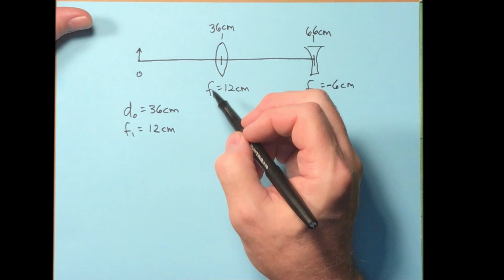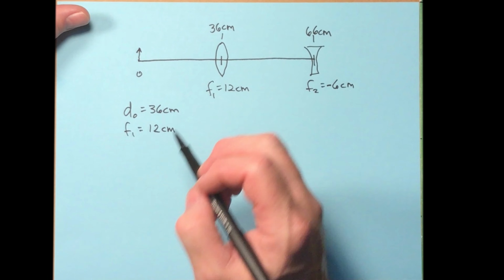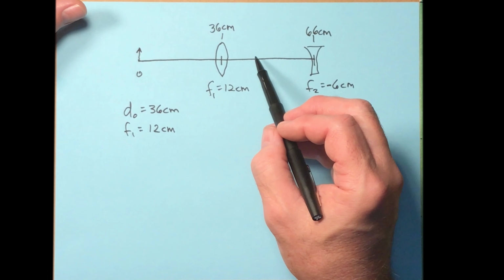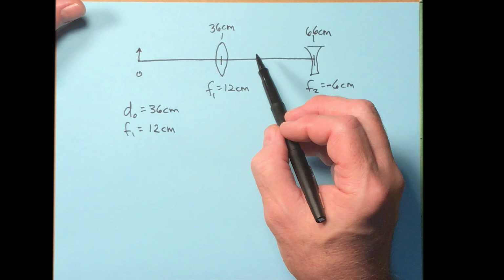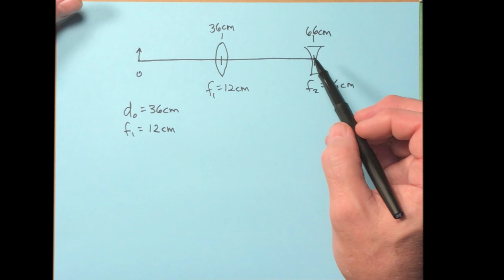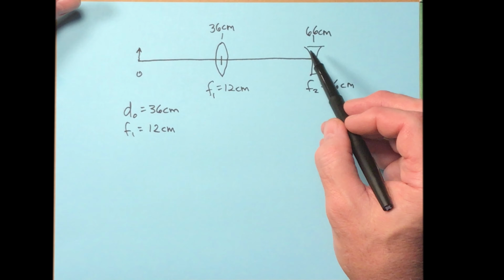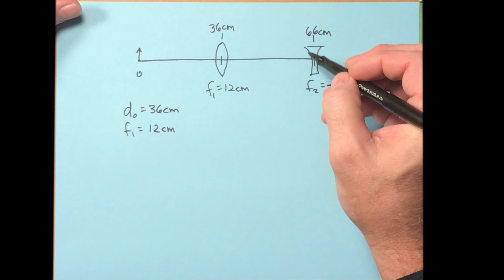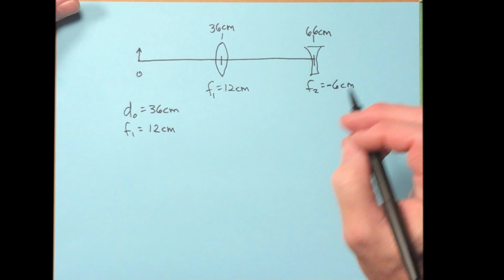So I can solve this problem right here for the first lens. Now in this case, the object is going to form an image due to this lens here, and then that image becomes the object for the second lens. We don't have to worry about reflection going back through the lens because this is a lens itself, so light should potentially pass through. So wherever the image is formed here, we're done.